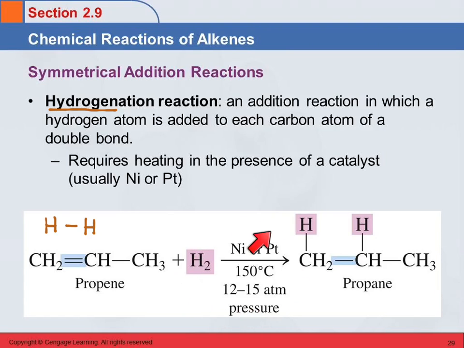When we write the equation here, we're going to write any conditions that are needed above and below the arrow. So if it puts Ni here or Pt, that is not a reactant, it's a catalyst. And if you remember from Chem 3A, a catalyst is something that speeds up the rate of the reaction. It doesn't actually get consumed in the reaction. My analogy for that is it's a little bit like the reaction is kindergartners climbing over this fence.